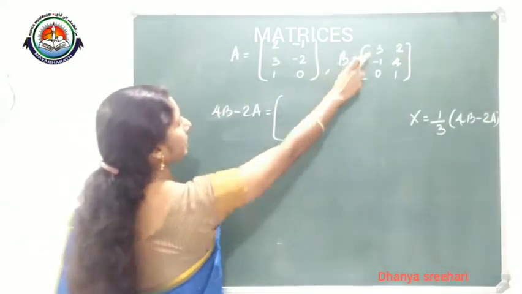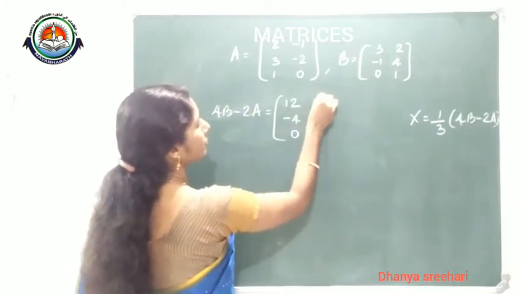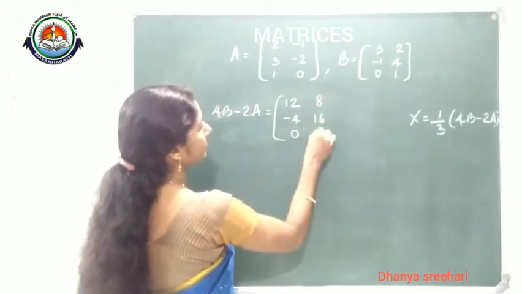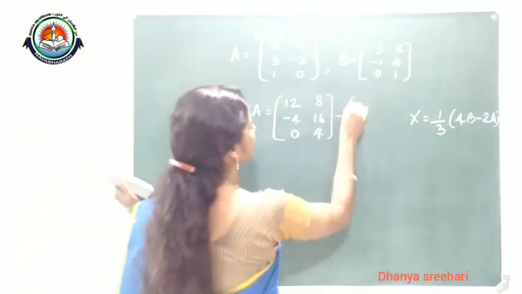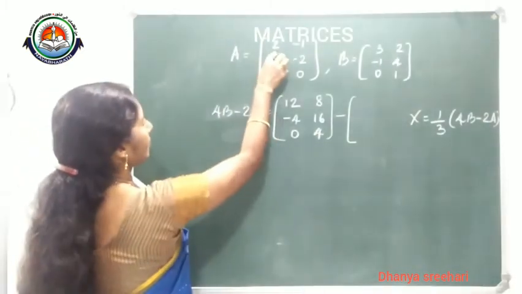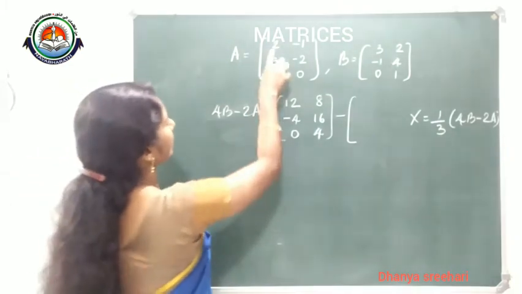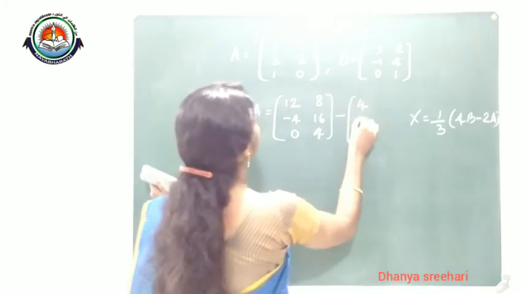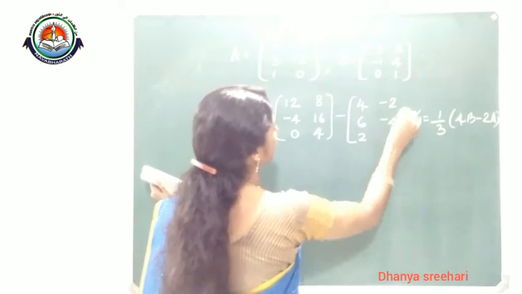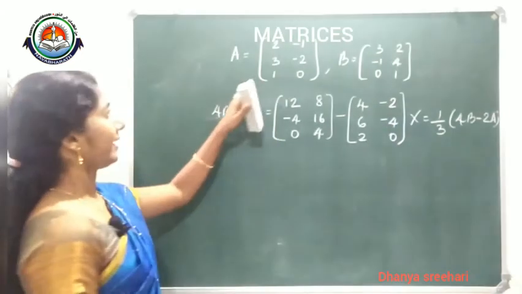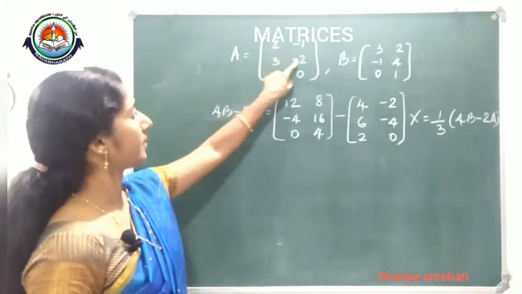4B means 4 into that matrix: 12, minus 4, 0; 2 4s are 8, 4 4s are 16, 1 4 is 4. Then 2A, 2 into this matrix. A is given as 2, minus 1, 3, minus 2, 1, 0.